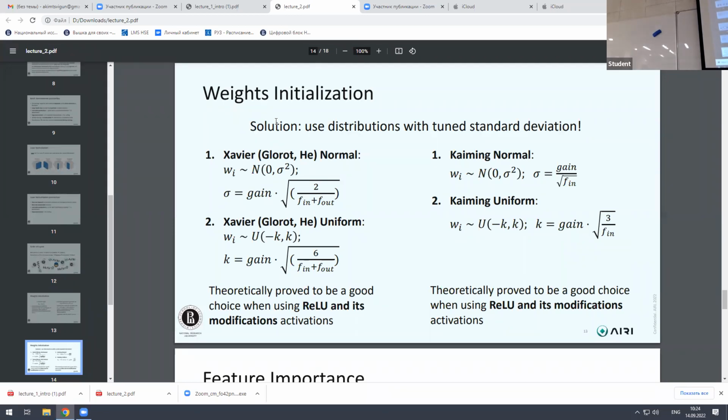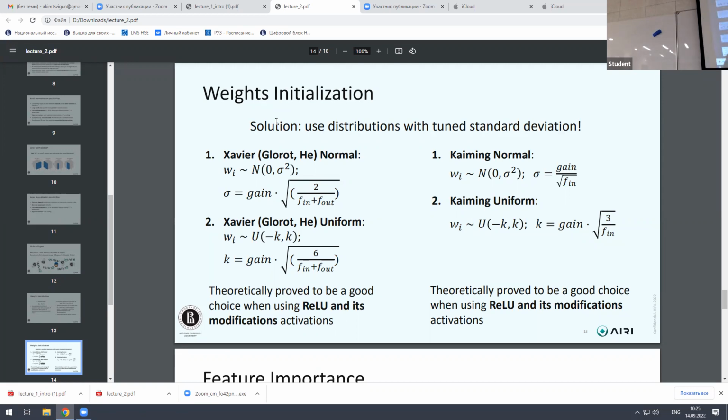This group of methods was invented for hyperbolic tangent, sigmoid, and logistic functions. I probably copied it wrongly, I'm sorry. Here, for symmetric functions like hyperbolic tangent and sigmoid, of course, we need to know the number of input and output features as well.